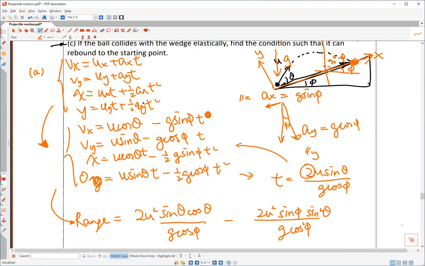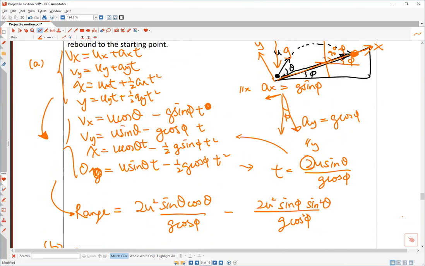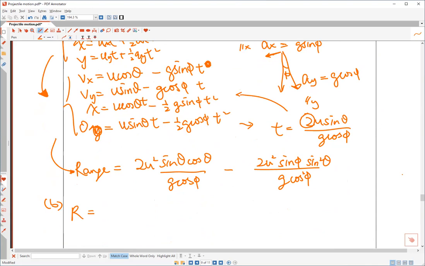The only angle we can change is angle theta, so find the angle theta such that it gives the largest range. But in this case, what I can tell you is that it's not easy to derive it.